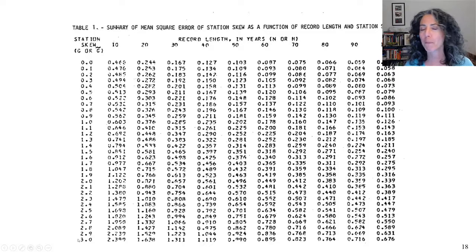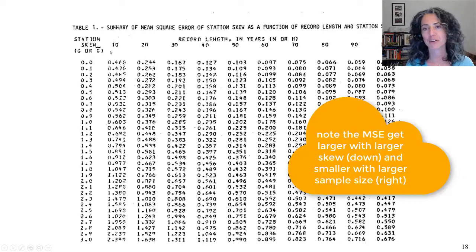It turns out that for a positive or a negative skew, we would get the same uncertainty. It's all about the absolute value of skew or how far it is from 0. So the table only shows positive skews, but the same applies for negative. So for Bulletin 17B, they did the same sampling experiments I just showed and found these mean square errors in this table as a function of skew and sample size.